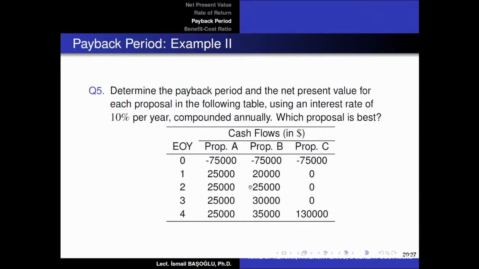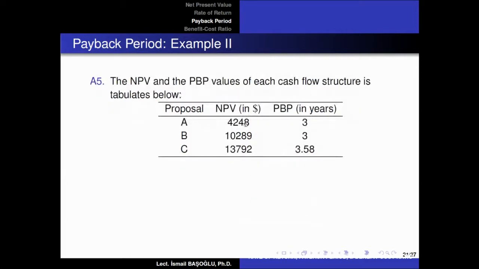Here we use gradient series and also uniform series present worth factor to calculate the present value. And here we use the single payment present worth factor to determine the present value. And the largest net present value is obtained in C, then B, but proposal A is a lot less comparatively to proposal B and proposal C.